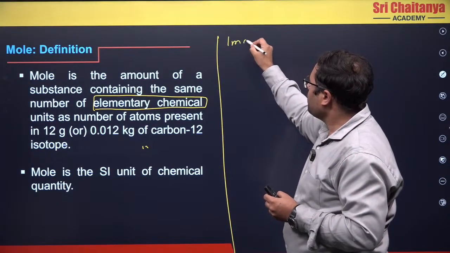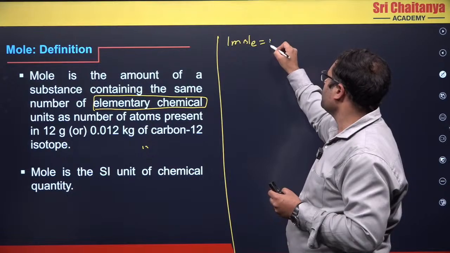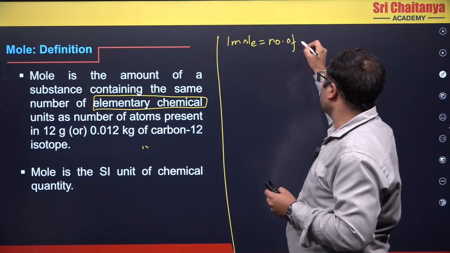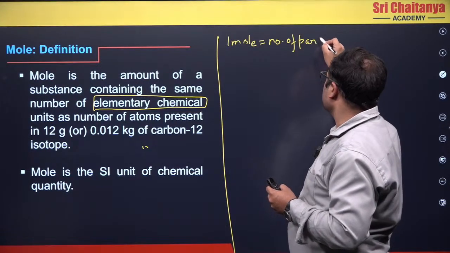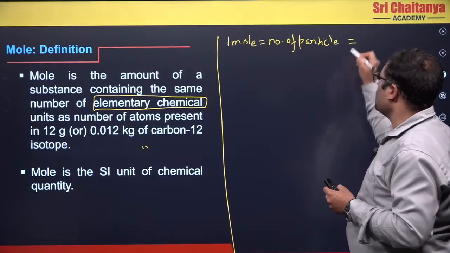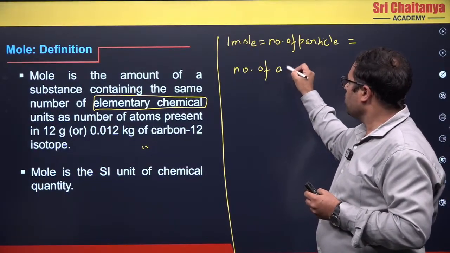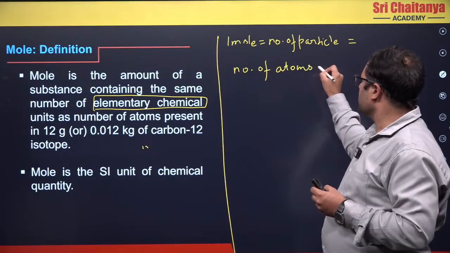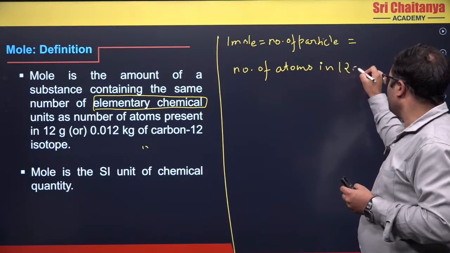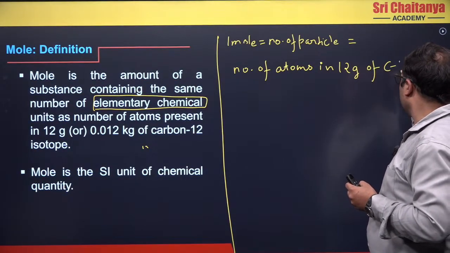1 mole is equal to the number of particles, which is equal to the number of atoms in 12 grams of carbon 12.